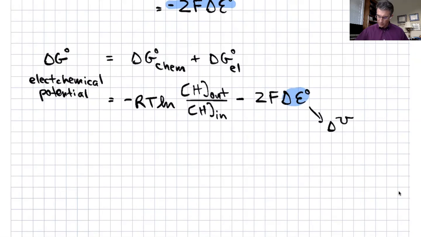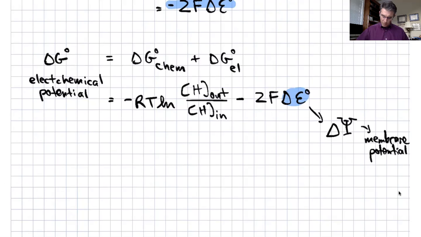I know we've used psis for other things too, like wave functions, but in terms of electrochemical potential, people use delta psi for the electrostatic field potential difference across the membrane. This is sometimes referred to as the membrane potential. It's still in volts, still an electrostatic field difference, just a different symbol.